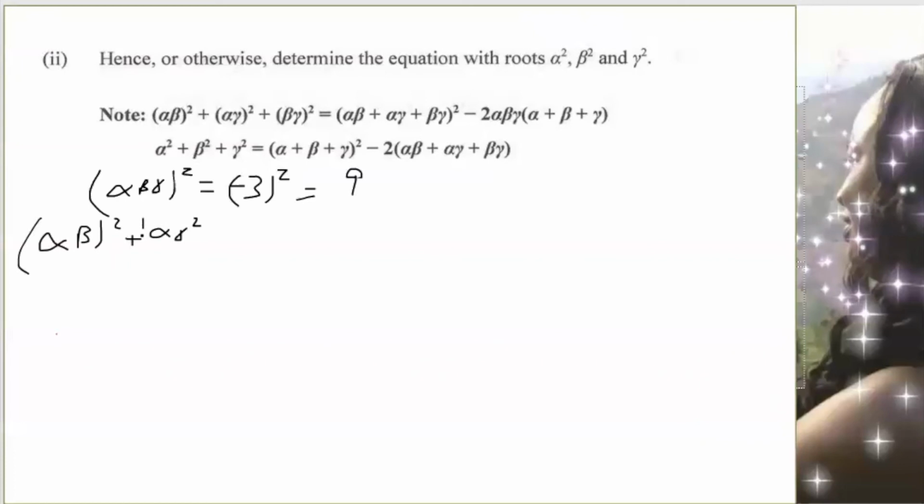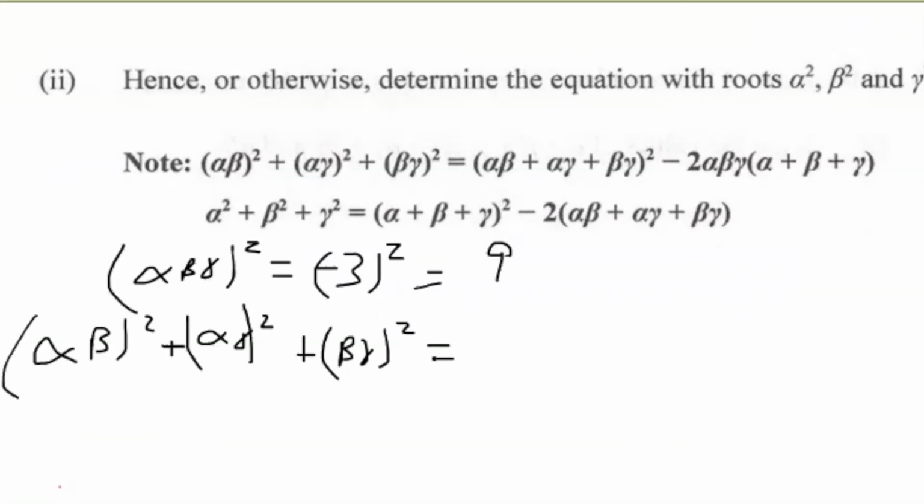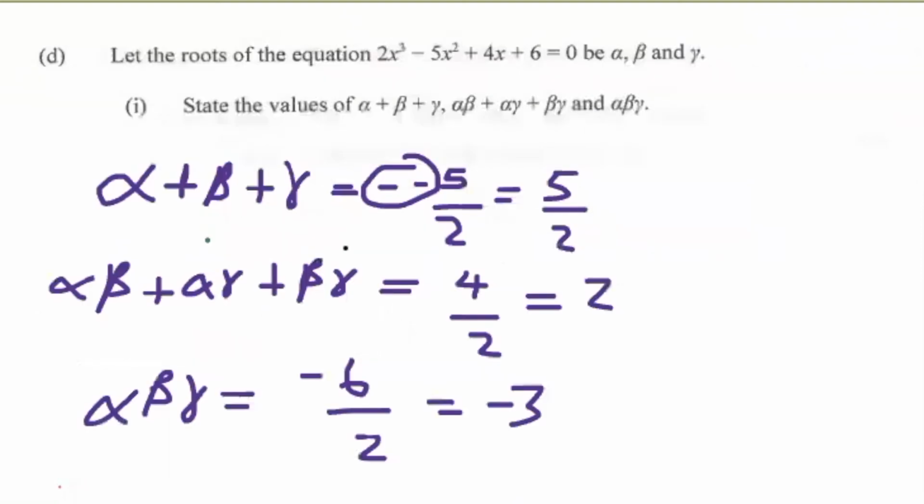So while I write this, we're going to use the part that's stated in the note. This expression is equal to (alpha beta plus alpha gamma plus beta gamma) all squared minus 2 times alpha beta gamma times (alpha plus beta plus gamma). So I'll be using that. This part I've already done, it's equal to 2.